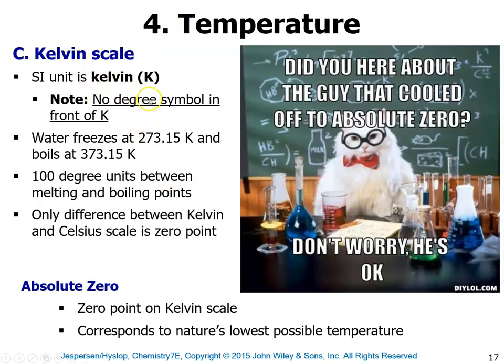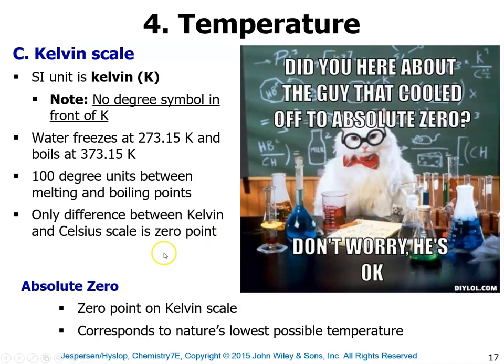The Kelvin scale, there's actually not technically a unit for that. So there's no degree, sorry, that's still a unit, but there's no degree symbol. So it's just 273.15 Kelvin. It's not degrees Kelvin, it's just Kelvin. And there are 100 points between melting and boiling points. The only difference between Kelvin and Celsius is the scale's 0 point.